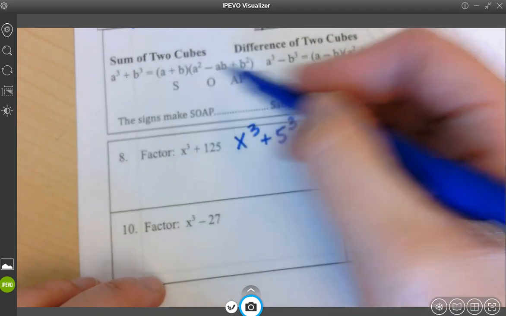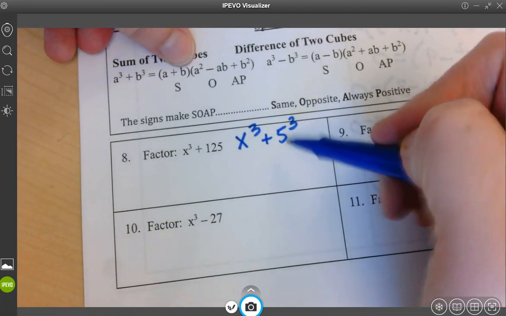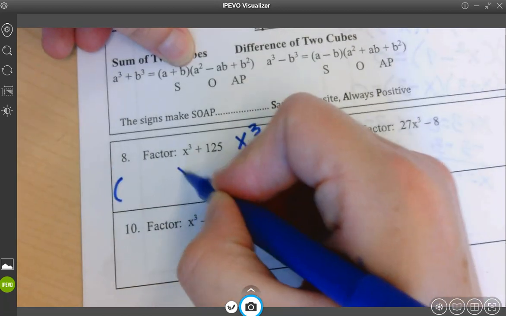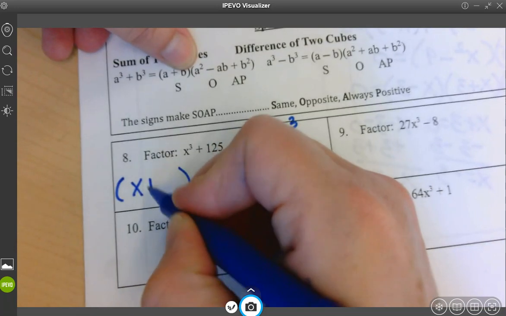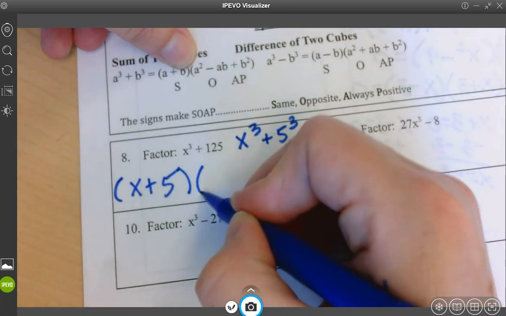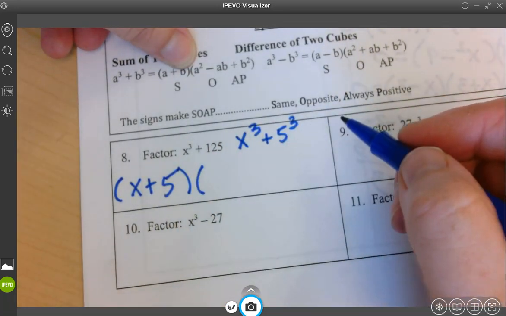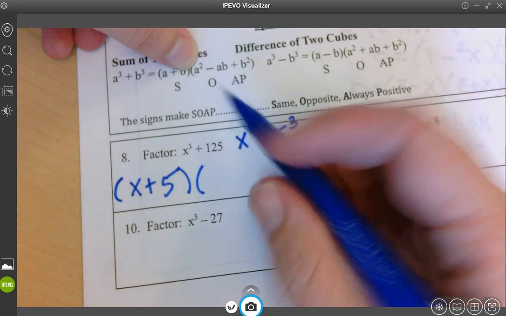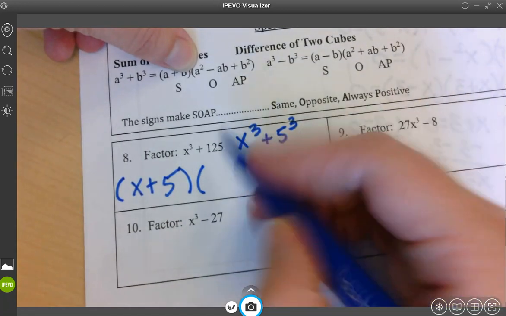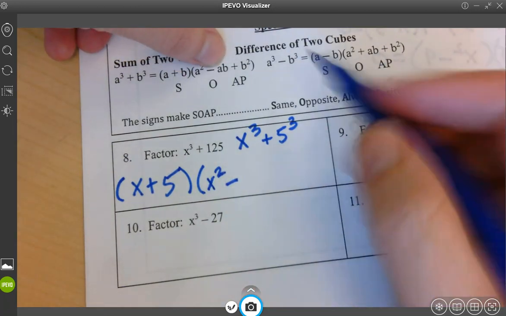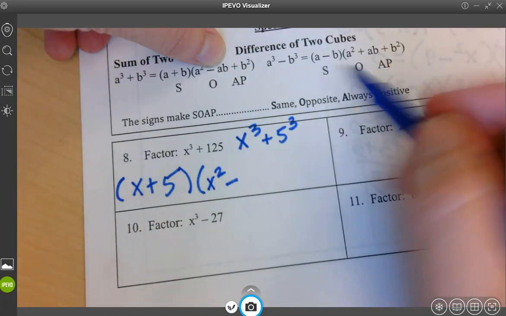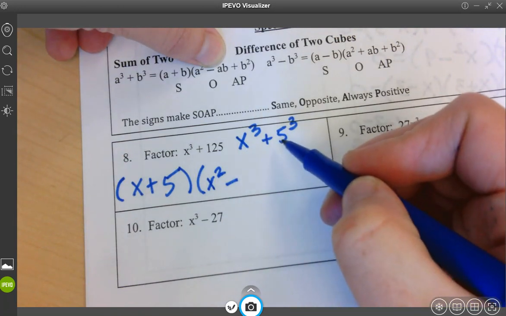And so we're going to use this pattern, and we're going to replace a with x and b with 5. So here's my first one. I've got x plus 5. For my second one, instead of a squared, I'm going to put x squared minus, instead of ab, I'm going to put x5, but I don't really write x5, right?